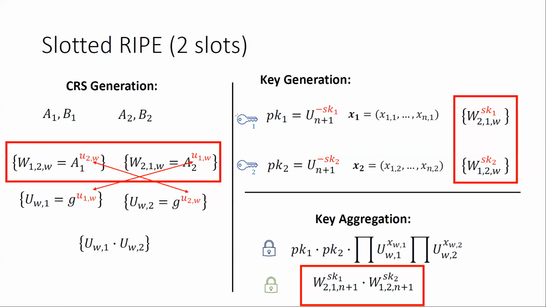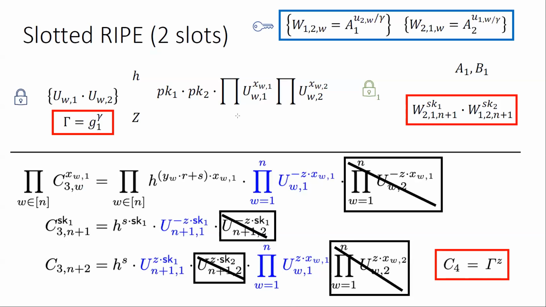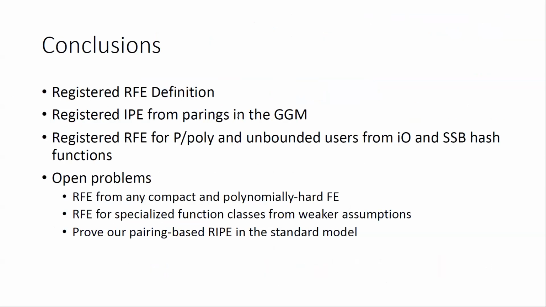By adding them and raising to the secret key in the public key, and by multiplying them and putting them in the helper secret key, we find a way to cancel them out. And of course, we have to add another ciphertext to make all the magic happen. I'm not going to do this since we don't have time.